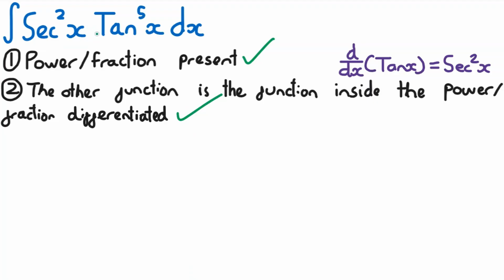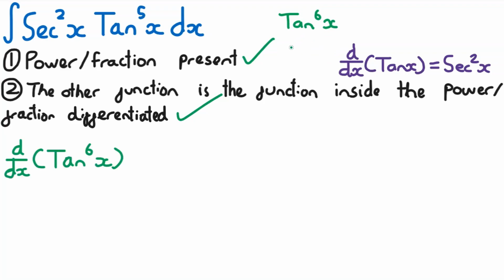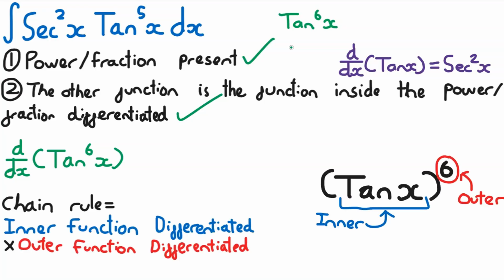So let's do that. So we have this tan to the power of 5x, so let's consider tan to the power of 6x. So let's differentiate tan to the power of 6x, so we have to use the chain rule. Remember, the chain rule is the inner function differentiated multiplied by the outer function differentiated. So if we look at it like this here, again I've brought this power of 6 outside to a bracket here like this, but it's still the exact same thing.